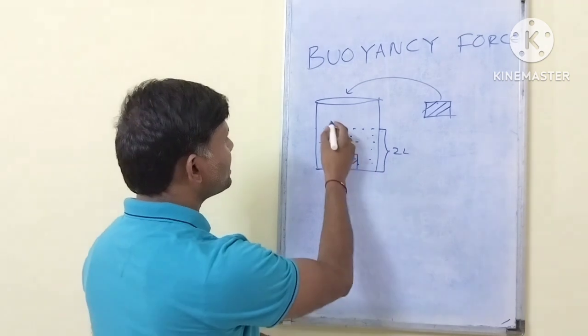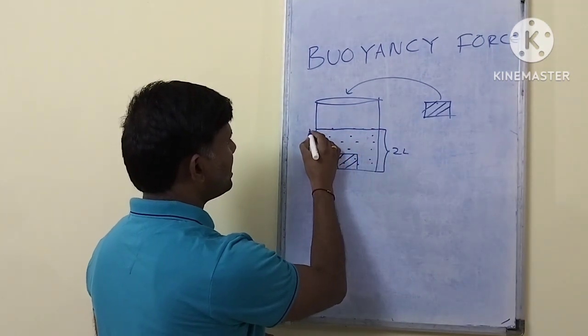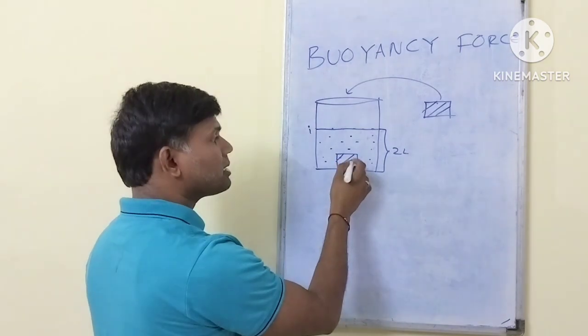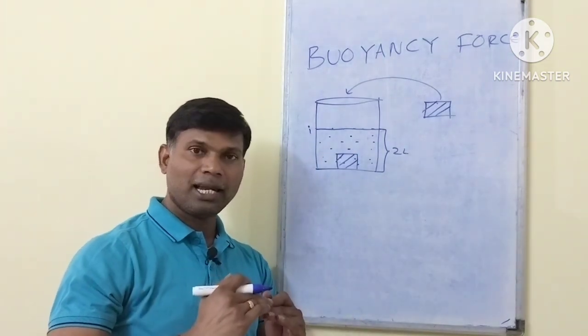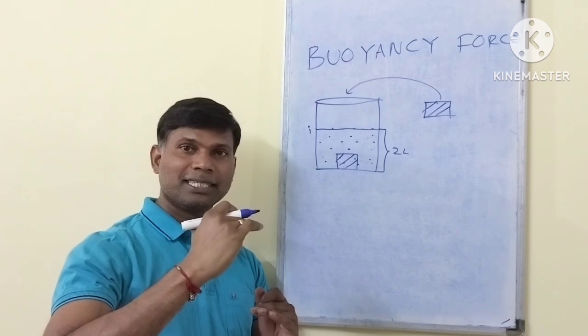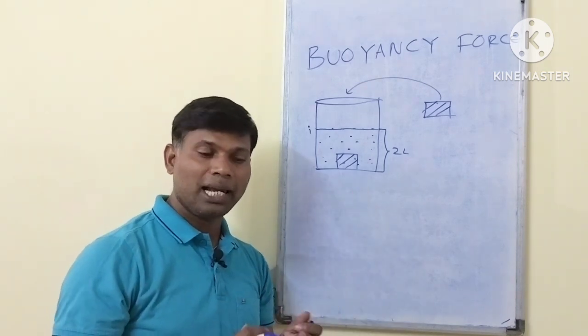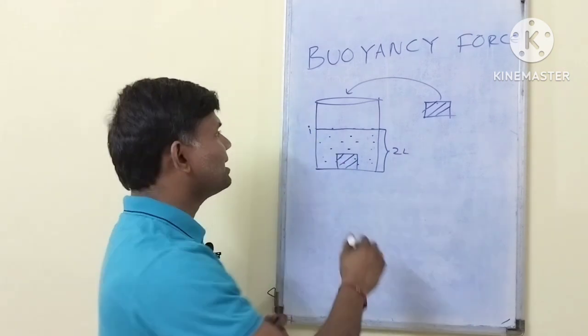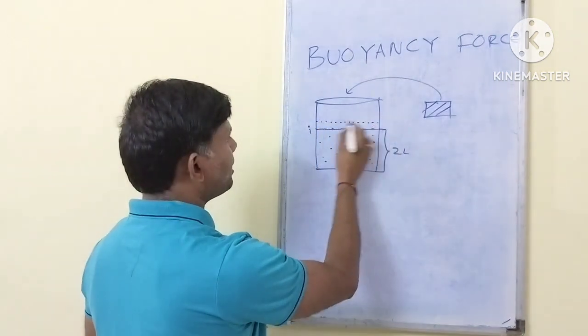Agree? How much does it increase? The initial level is here. Because the object has gone inside the fluid, the liquid displaced by the object is equal to the liquid level raised. Suppose the level is raised up to here.